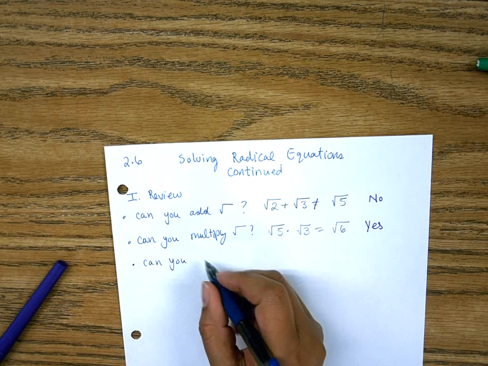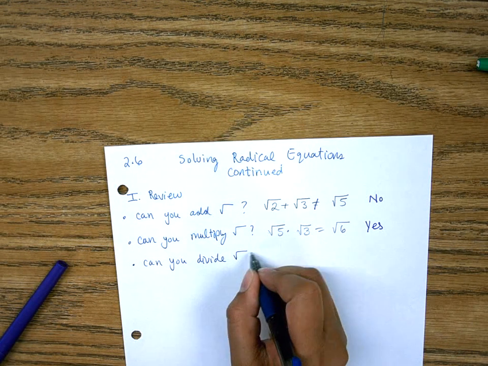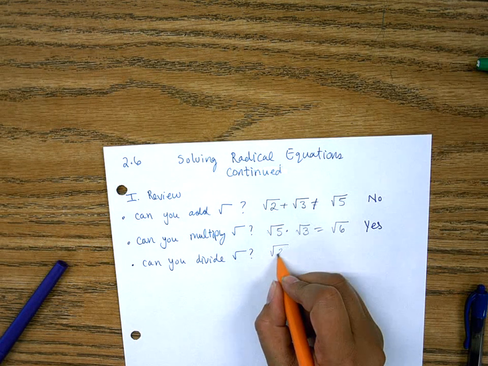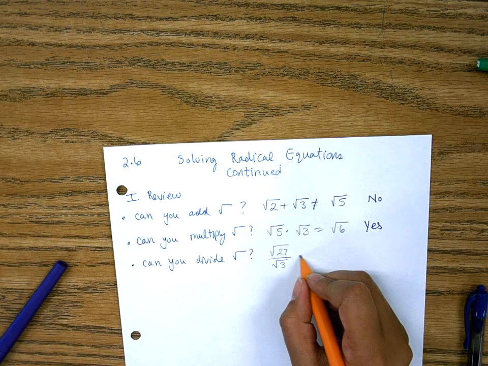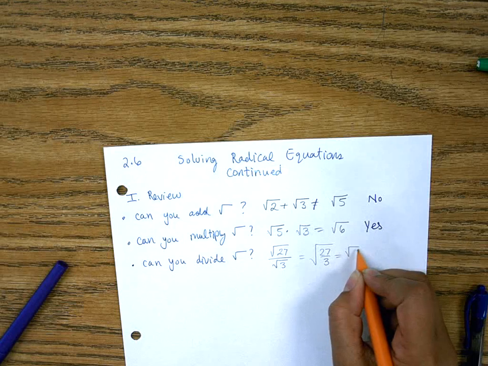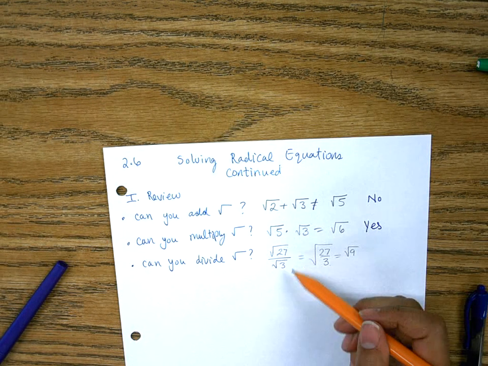All right, and the last piece, are you allowed to divide radicals? Is it mathematically correct to say the square root of 27 divided by the square root of 3 can be rewritten as the square root of 9?